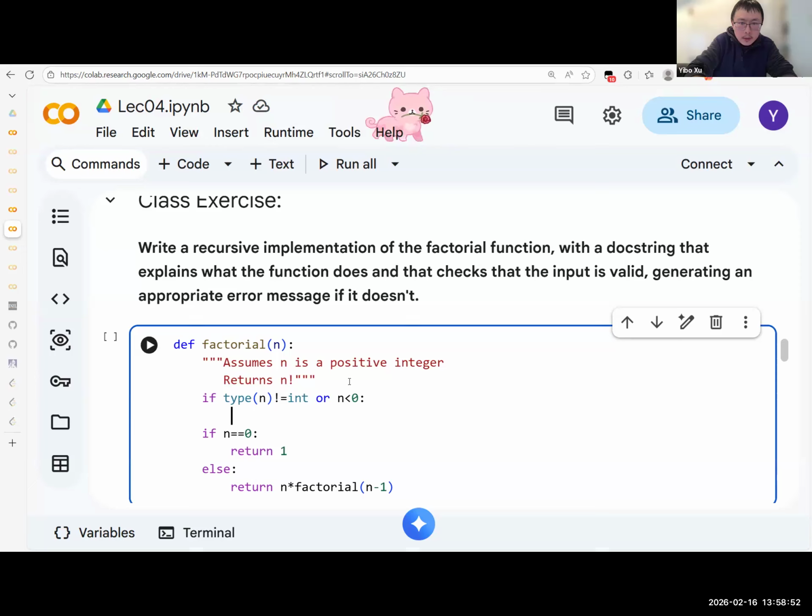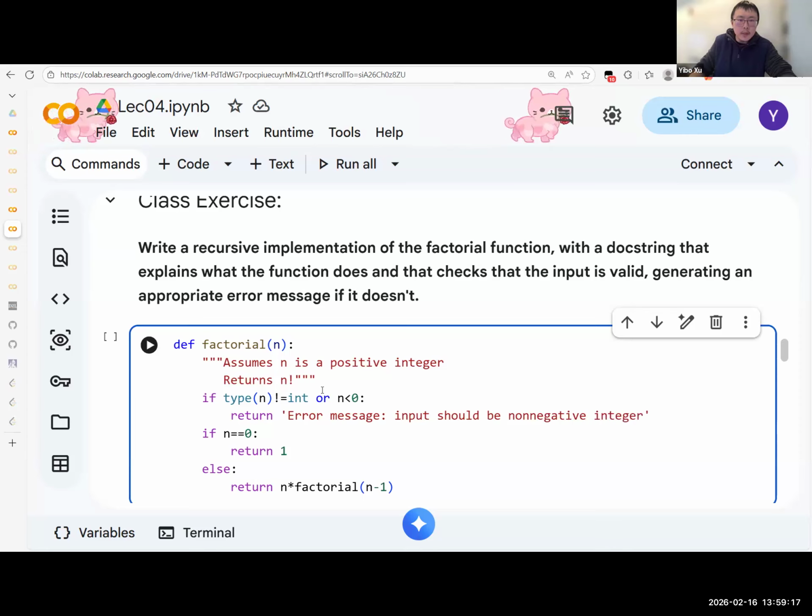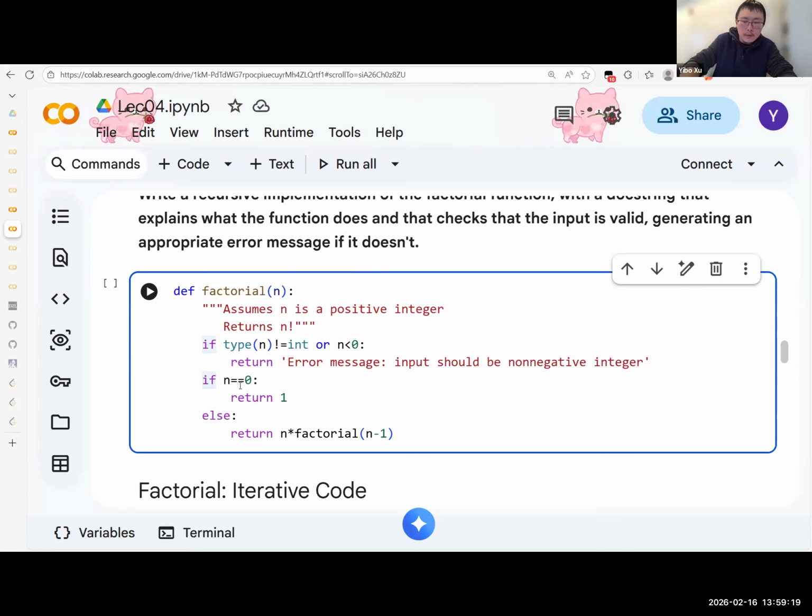But you can say return error message. Okay. Here, input should be integer, non-negative integer. Okay.